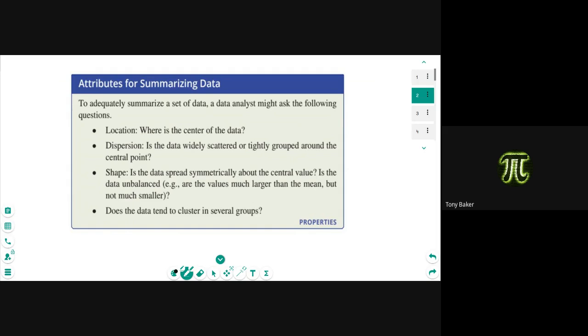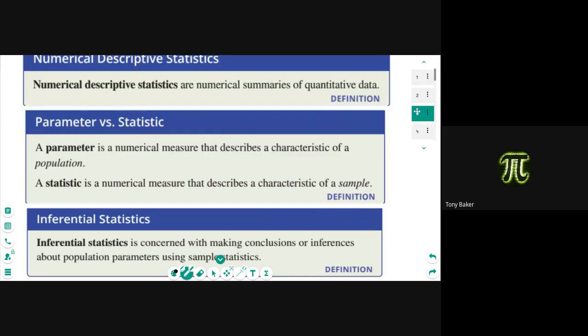So in this section, in chapter 4, we're really going to be focusing on what's known as descriptive statistics. We're summarizing quantitative data. Okay, so all the things I just mentioned are descriptive statistics.